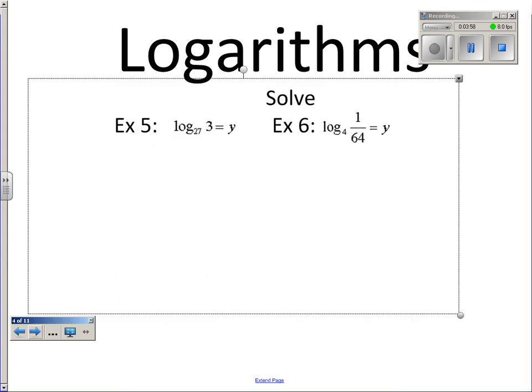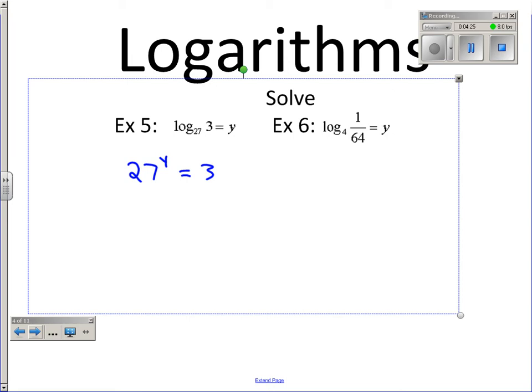Okay, let's go to examples 5 and 6, where we're going to solve. Notice here we do not know what y is. We're in logarithm form, so we want to switch it to exponential form. So my first step is to switch it to exponential form. So I have 27 to the y power equals 3. If you need to label your b, x, and y, go right ahead. Now we have this in exponential form.